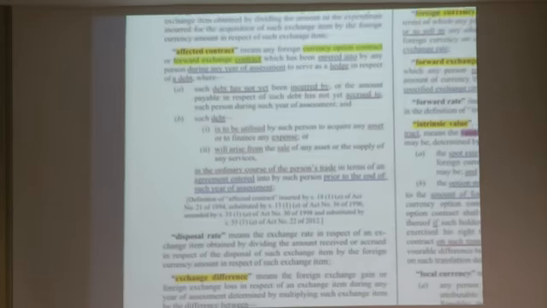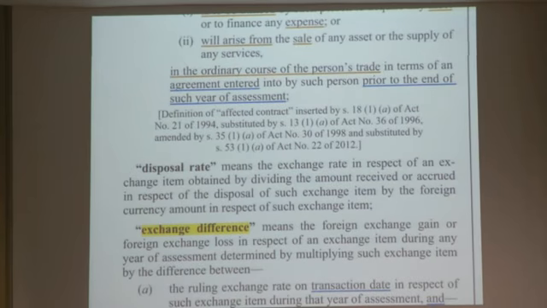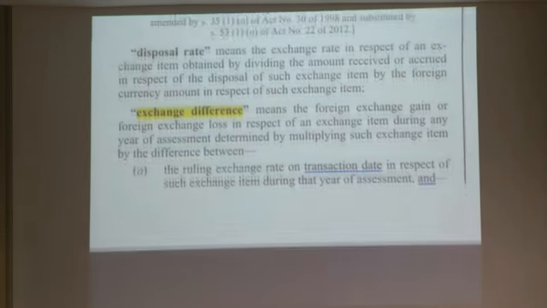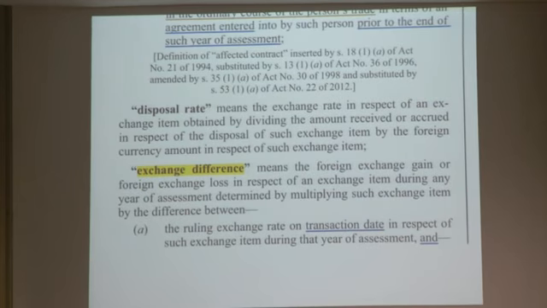Okay, so acquisition rate and disposal rate, the next one that I didn't highlight, is the rate where you agreed with the other party, and that is then deemed to be your spot rate. Now the next definition is exchange difference. It means the foreign exchange gain or loss in respect of an exchange item, determined by multiplying your exchange item by the difference between.